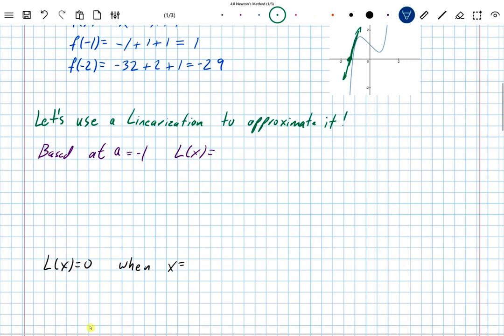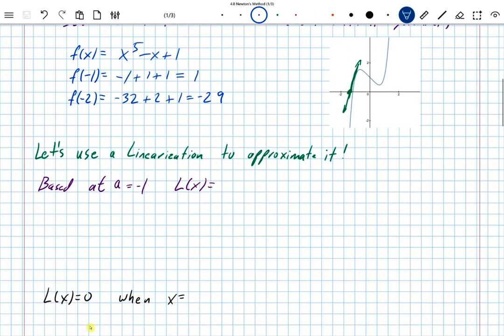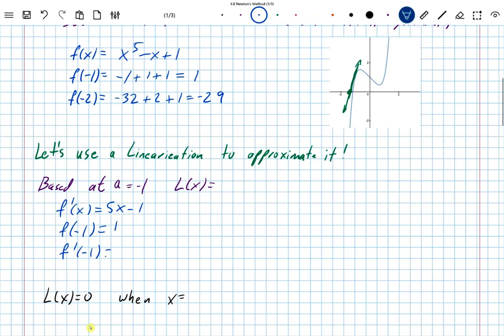So my linearization, L of x at -1. Well, I know what my f is. My f prime of x, polynomials go pretty fast, 5x⁴ minus 1. Great. So f at -1, we already know, is 1. f prime at -1 is equal to, looks like just -6.